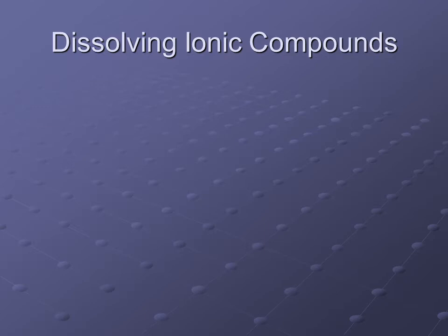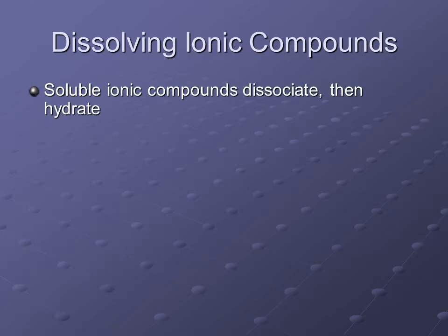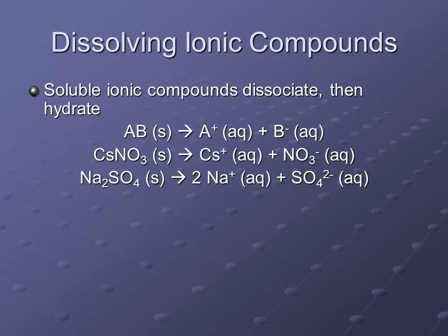The first process we're going to look at is the process of dissolving ionic compounds. Soluble ionic compounds first dissociate and then they hydrate. If you just look at what you start with and what you end with, you end up with a reaction much like these three that I've shown here. What you start out with is your solid ionic compound.